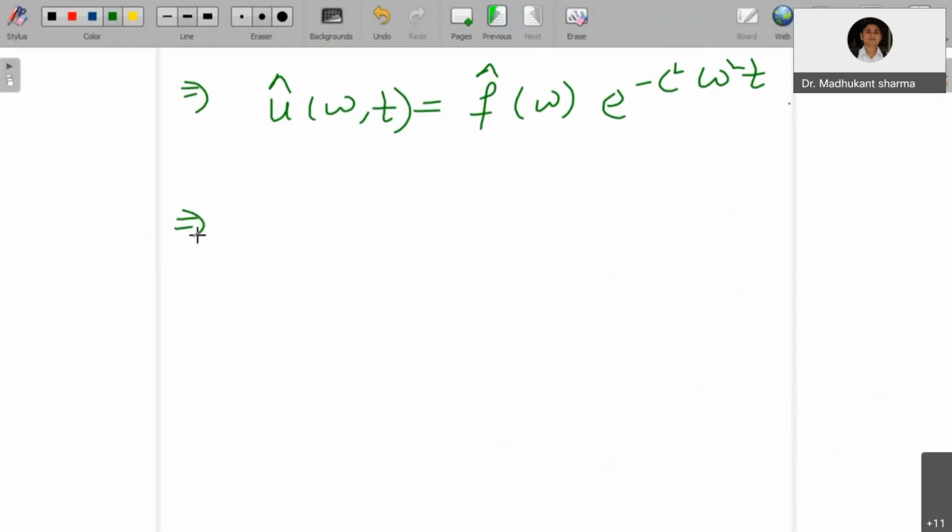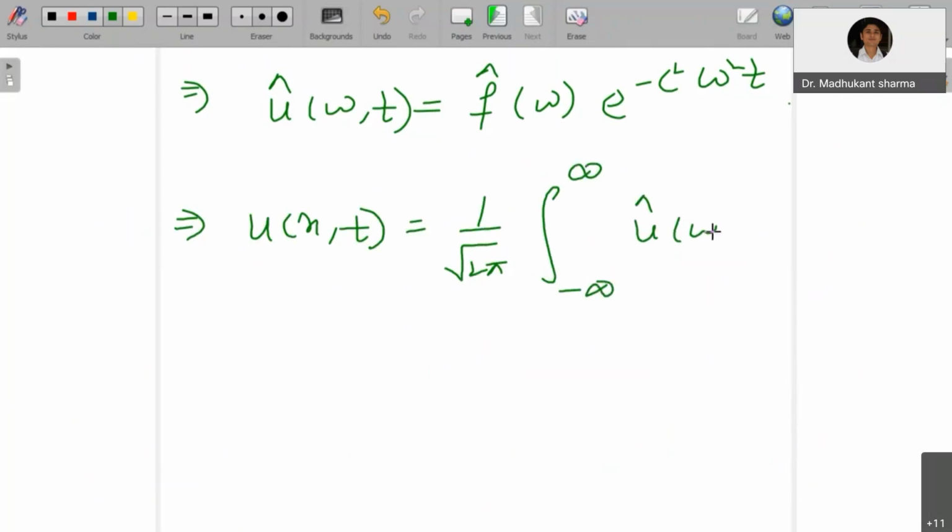So this will imply u(x, t) is equal to 1 upon square root of 2 pi, integration from minus infinity to infinity of û(w, t) times e to the power i w x dw, the inverse side.